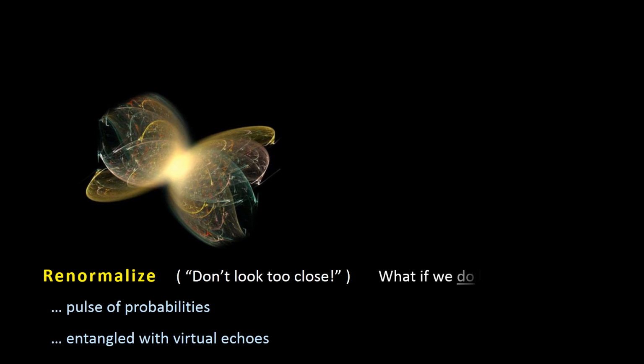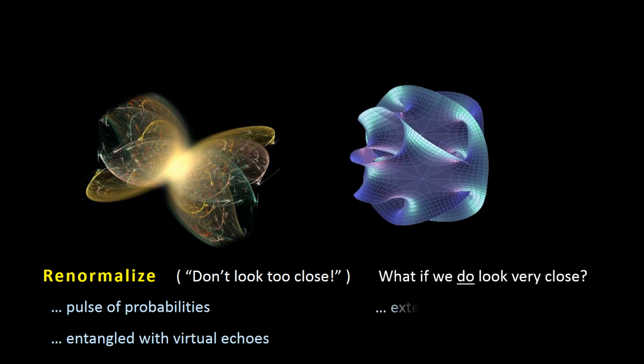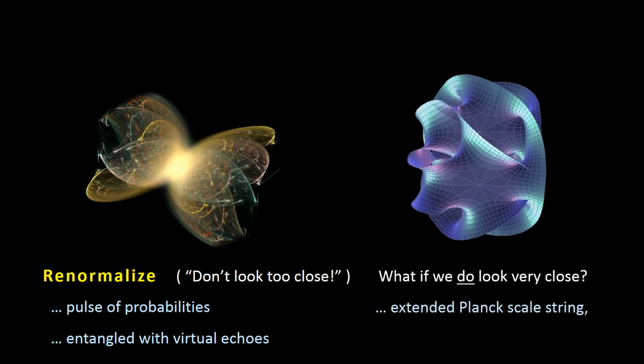But what if we do look very, very close? Well, then things get weird. So weird that electrons must be something more than mere fluctuations in a field. One famous alternative is a Planck-scale string tangled up in 10-dimensional space.